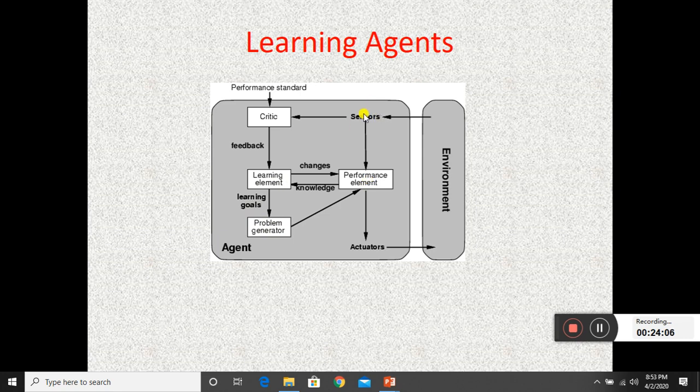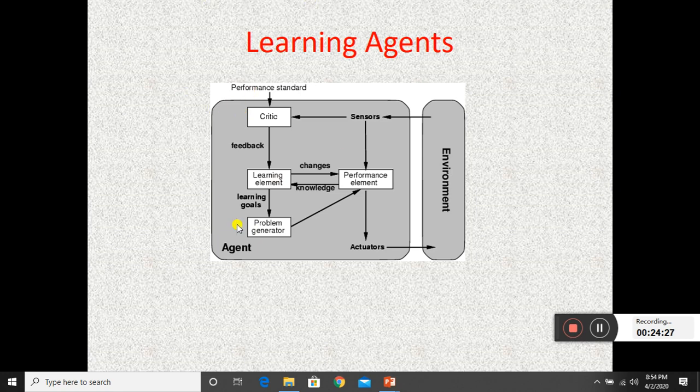So basically the sensor is giving input to this state. Learning element means any type of system that is evolving itself, or that is increasing its knowledge.